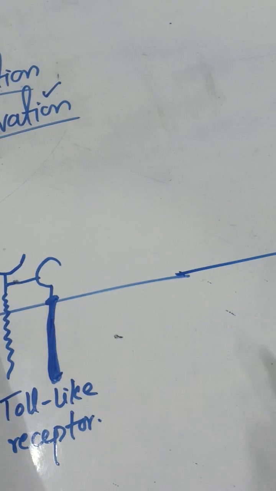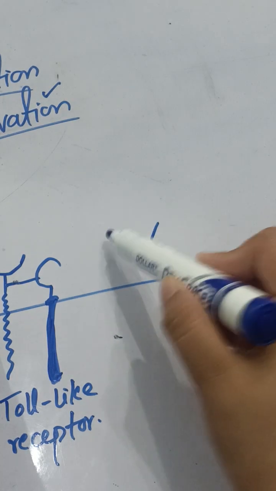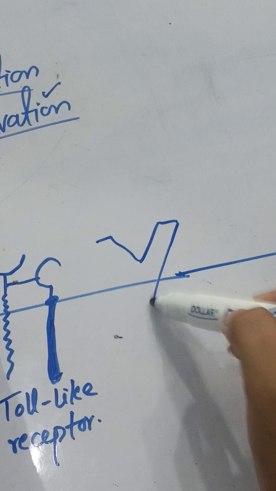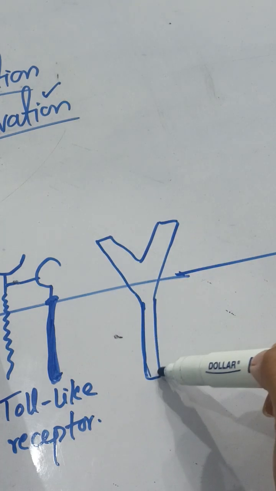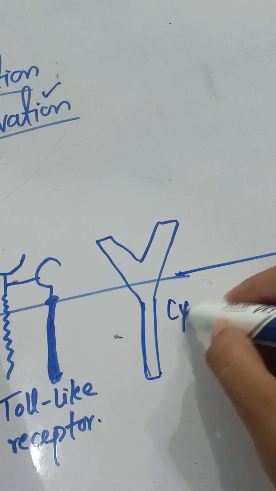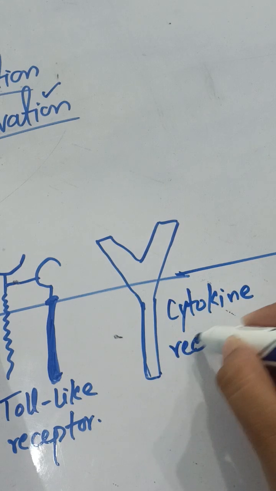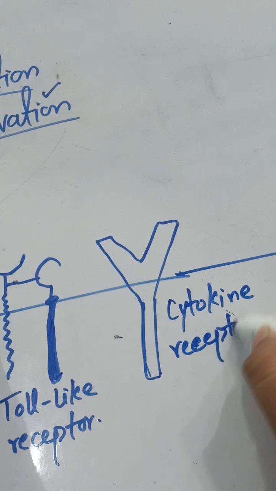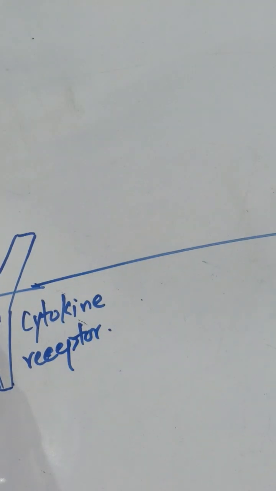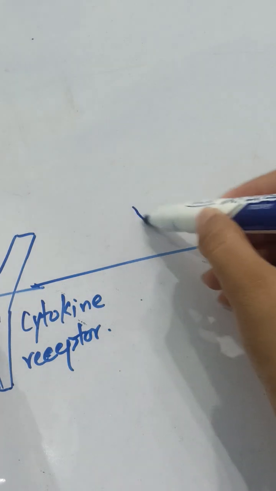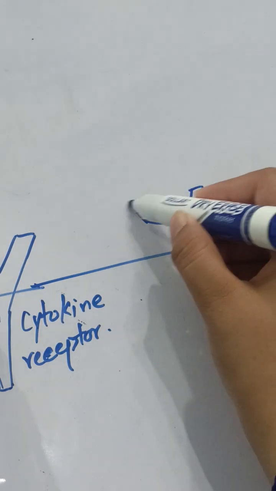Okay, the next receptor is your cytokine receptor. I am going to draw the shape of the cytokine receptor, so it is just like that. This is the cytokine receptor. So we have drawn three receptors. Now we are going to draw the last and fourth receptor here.